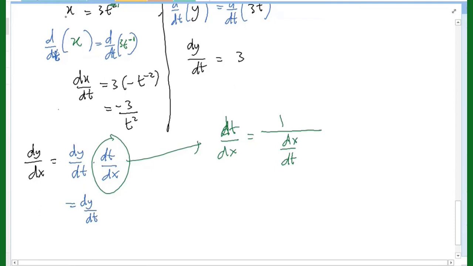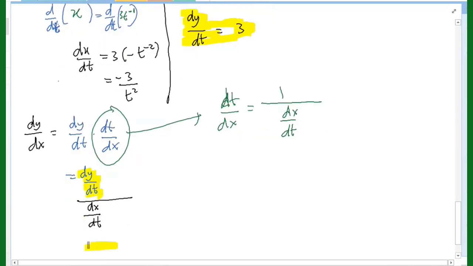So now dy dx is dy dt over dx dt, so dy dt, then dx dt.